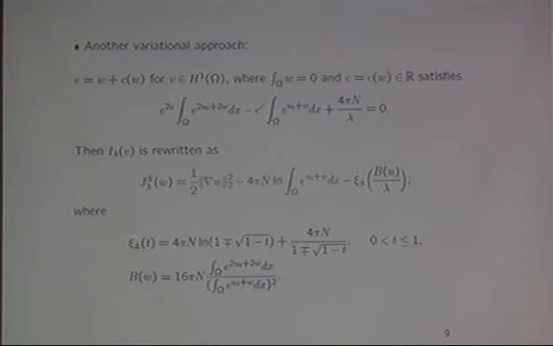The function psi is defined only on this range, not on all R. So we must impose some constraints on the function space. I mean, this quantity must be less than or equal to 1.